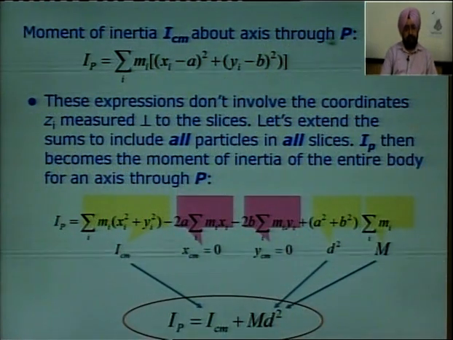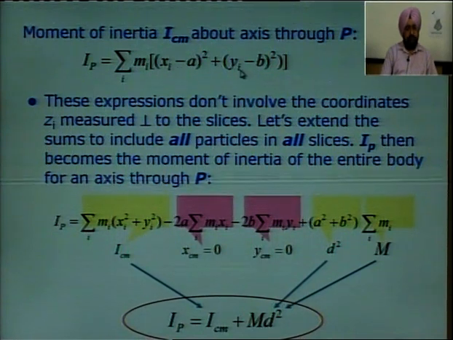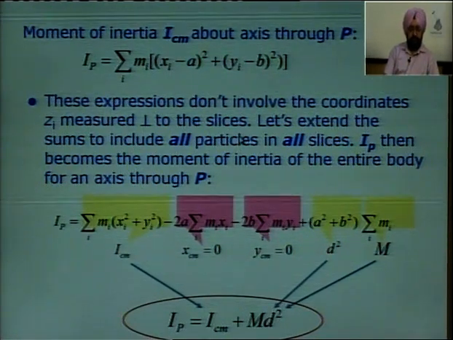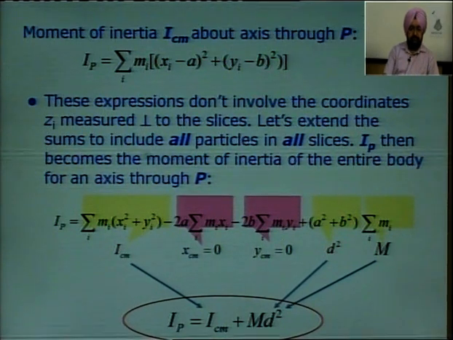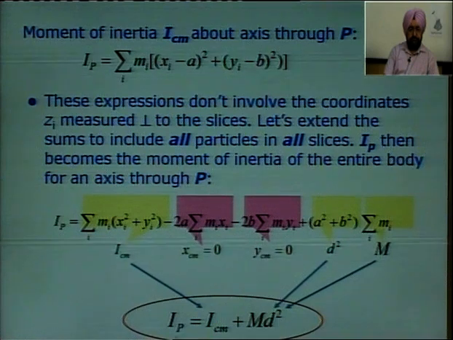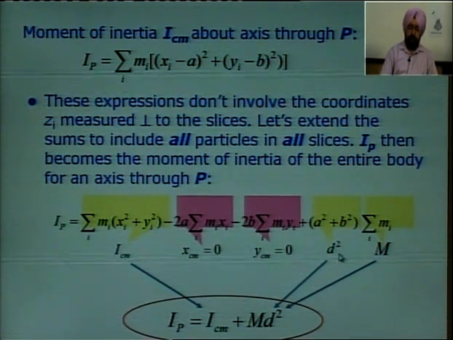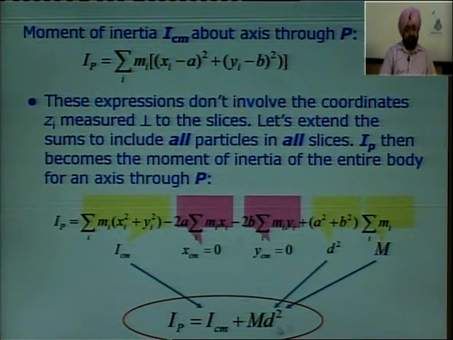The moment of inertia through the point P will be the sum of mi into ((xi minus a) square plus (yi minus b) square). Now, these expressions do not involve the coordinate zi measured perpendicular to the slices. Let us extend the sums to include all particles in all slices, and then this is the moment of inertia through the center of mass. a square plus b square is simply equal to d square, which gives you m d square.